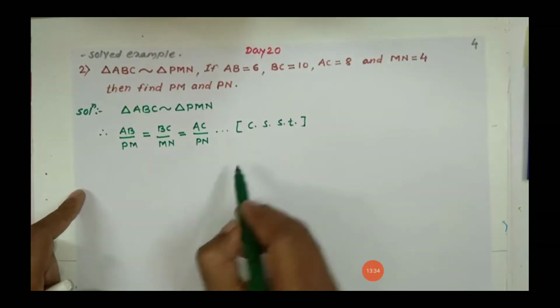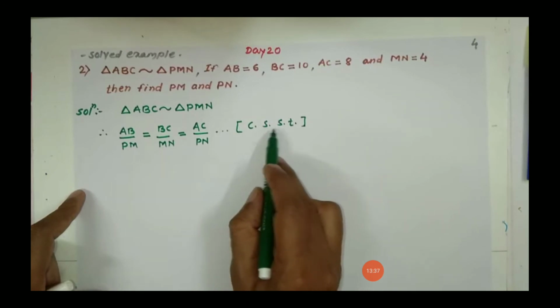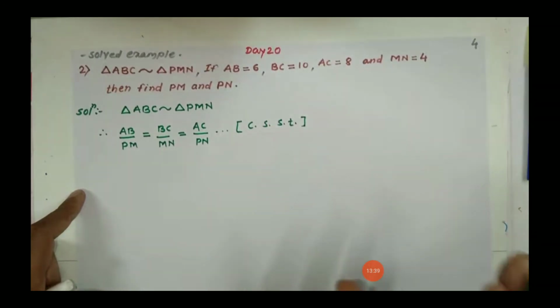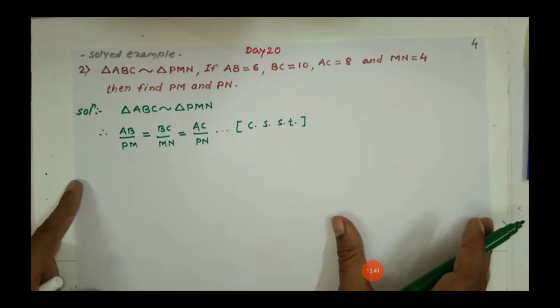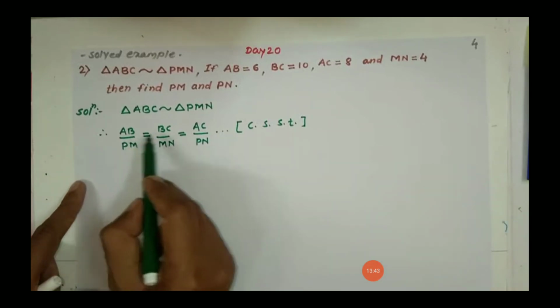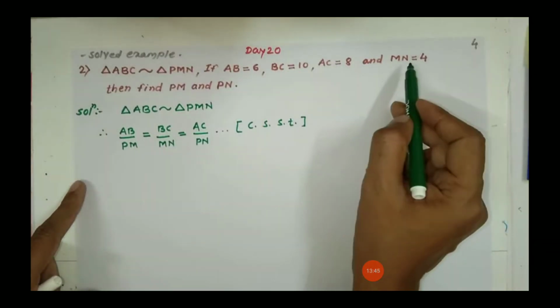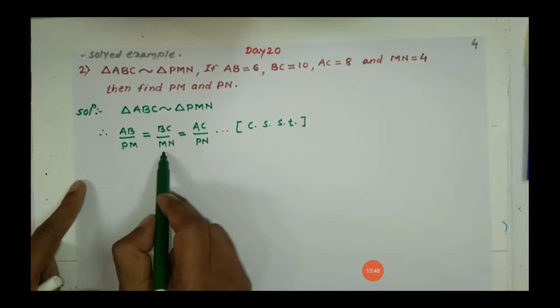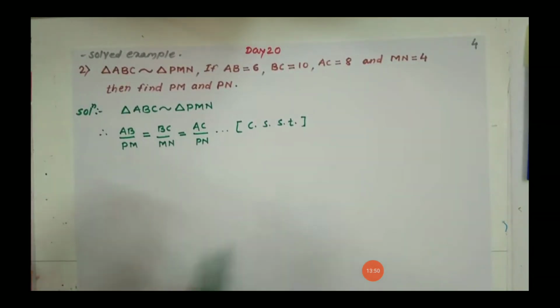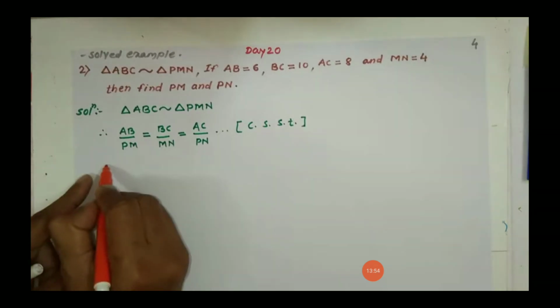Okay, this is the short form actually. Corresponding sides of similar triangles are in proportion. So now we know the values of AB, BC and AC, and one more thing, that is MN. Let us substitute these values. Just substituting the values. See, I am writing the values now.